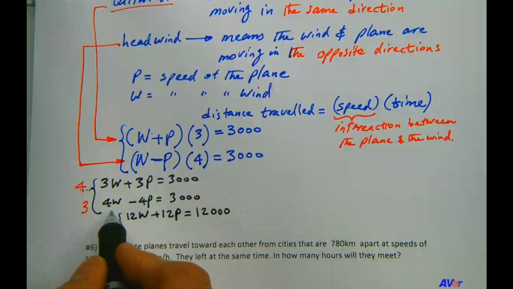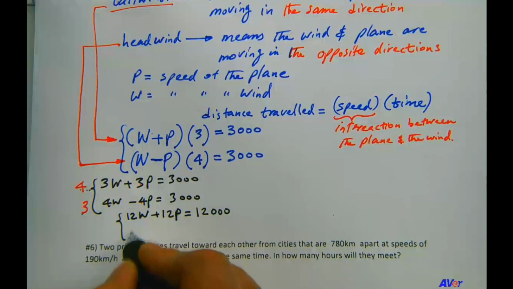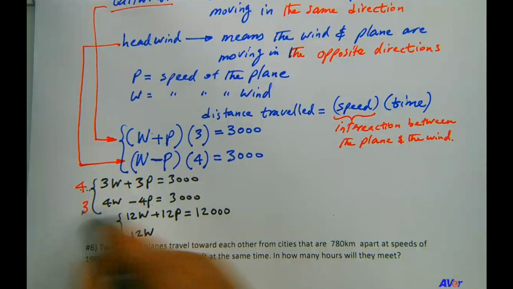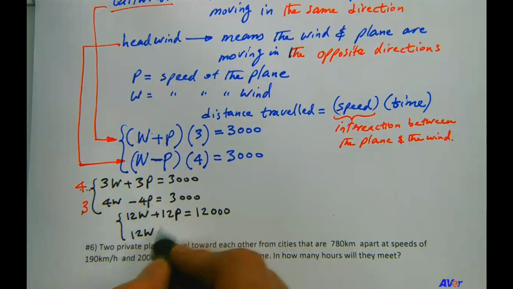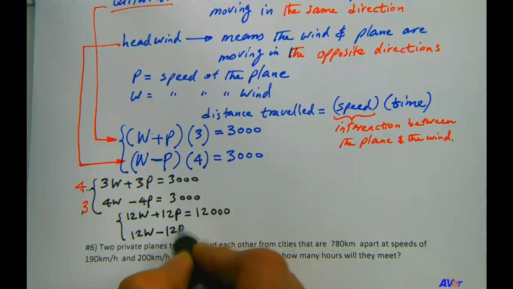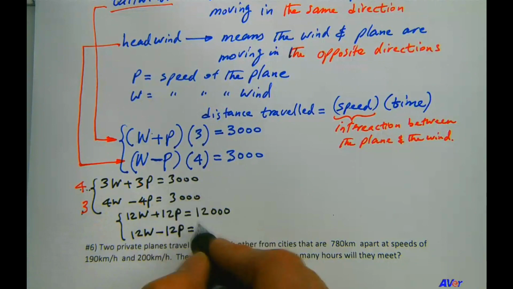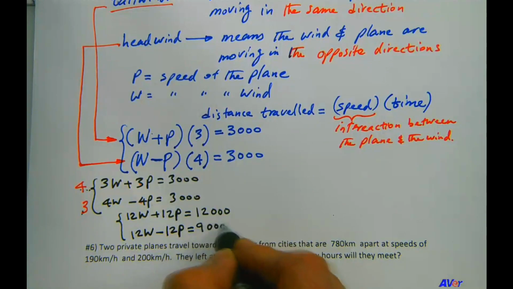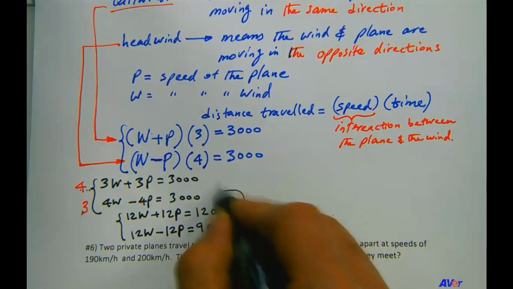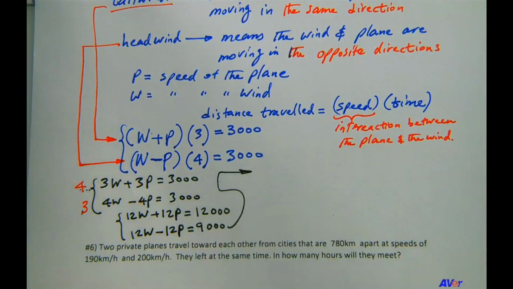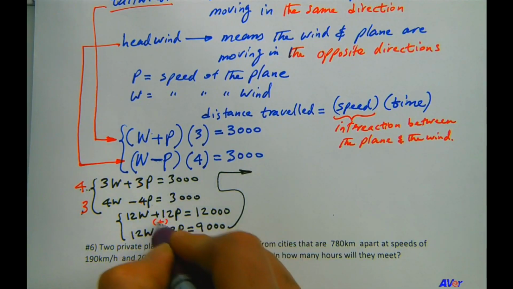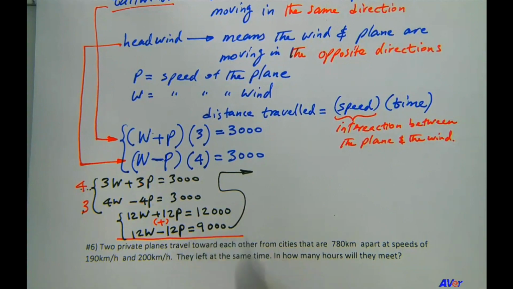Right? On the bottom, 3 times 4, 12W. 3 times minus 4P, that's minus 12P, equals 3 times 3,000, 9,000. Right? So let's come up here. We can now add these two equations here.